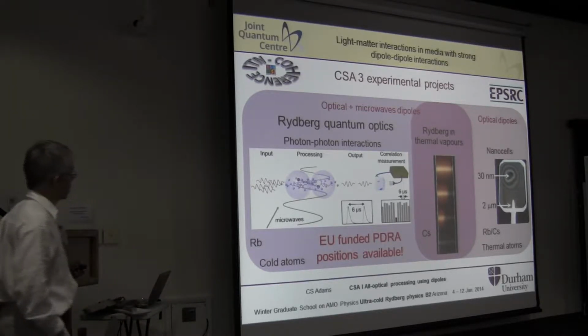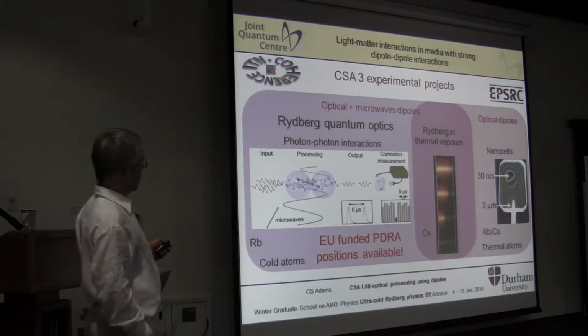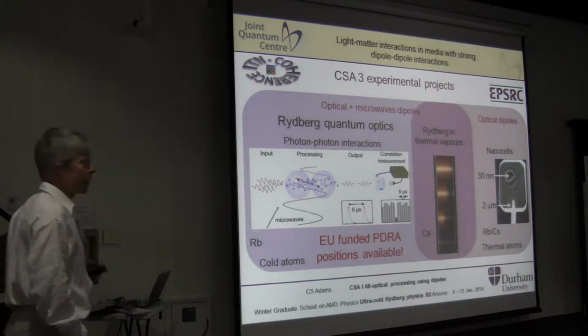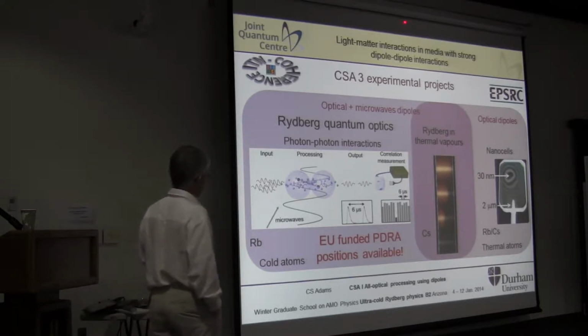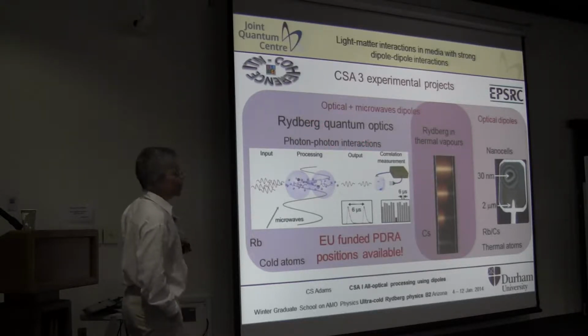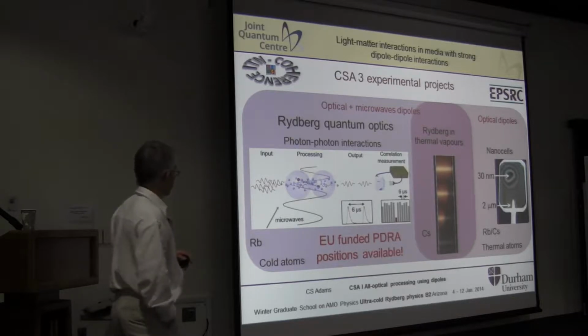So as I mentioned at the beginning, we have experiments on both cold atoms and thermal atoms, and they give us different insights in these two systems. So our cold atom experiment is based on laser-cooled rubidium, and there we're very much interested in doing single photon or photon-photon interactions that are mediated by the dipole-dipole interactions in the Rydberg manifold.